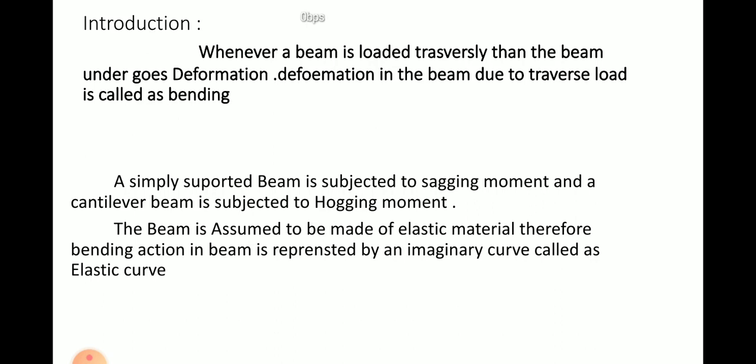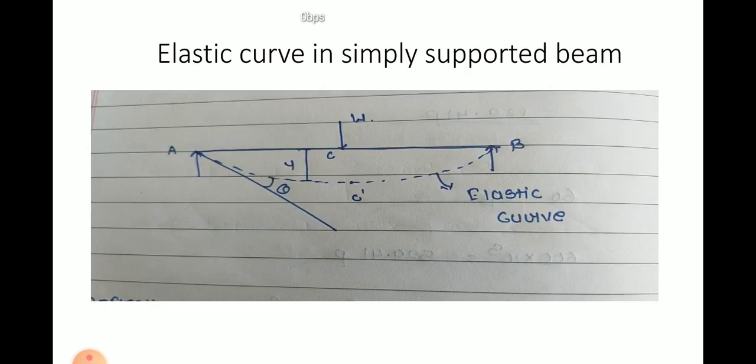A beam is assumed to be made of elastic material, therefore bending action in a beam is represented by an imaginary curve called the elastic curve. So students, in this slide we are watching a simply supported beam with an elastic curve, loaded with a load W at the center of the beam, in which the distance between the beam and elastic curve is represented by the letter y, which is also called deflection, and a tangent drawn to the elastic curve makes an angle theta, also called slope.